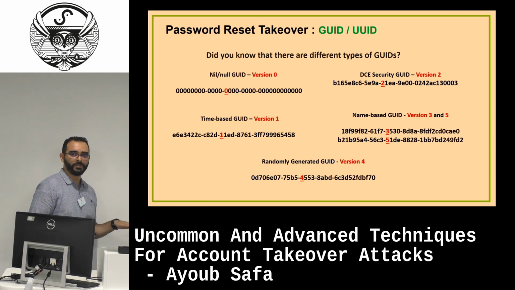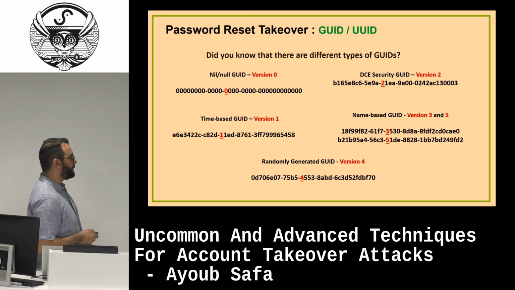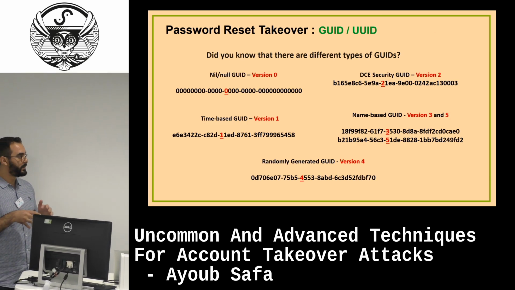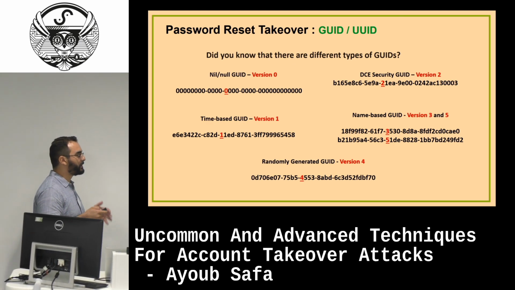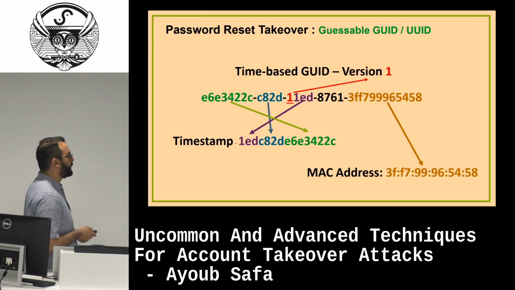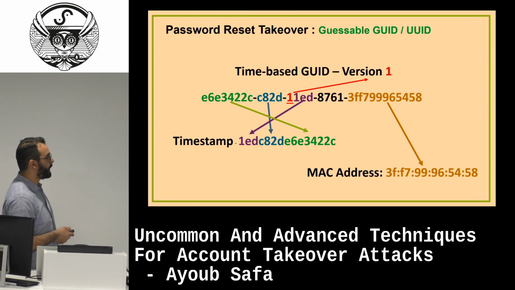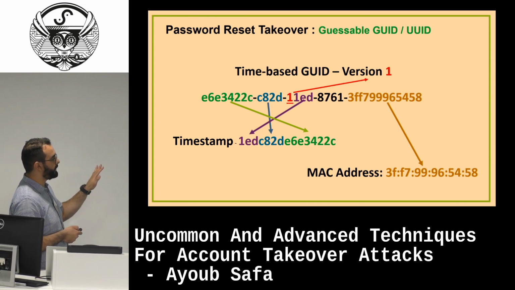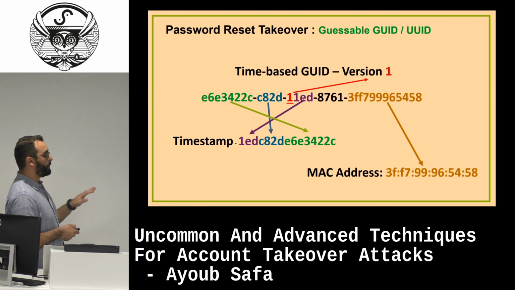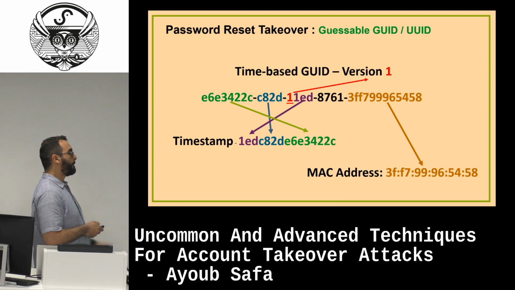There is a problem specifically with version number 1. Version 1 is time-based. Basically, it uses the time of the system where it's being generated. So let's take a look at the algorithm responsible for generating this version. You will find that the first three parts of this GUID are the timestamp, and the last part is just the MAC address of the host where this GUID was generated.